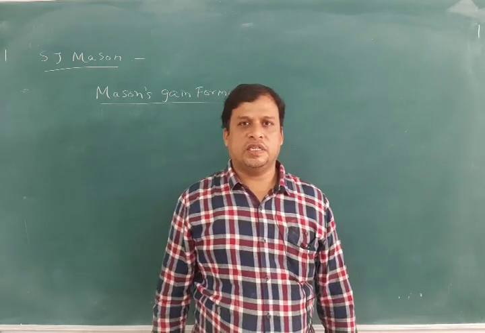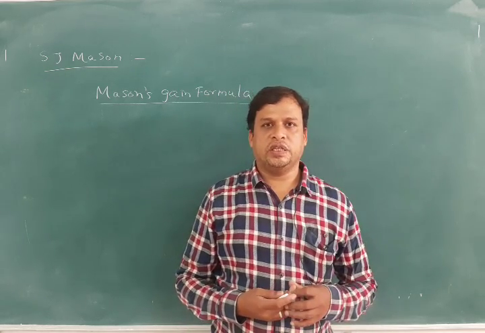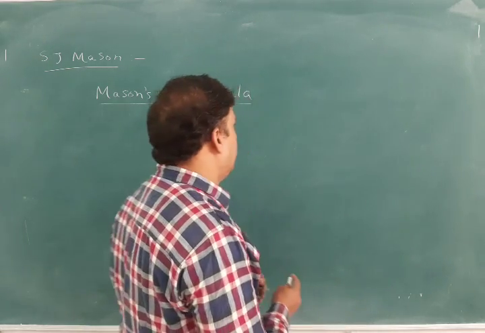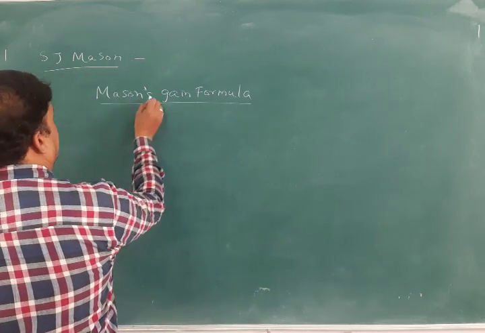If a signal flow graph is given to you, then you can easily make that signal flow graph into a transfer function. So we will see now the Mason gain formula.